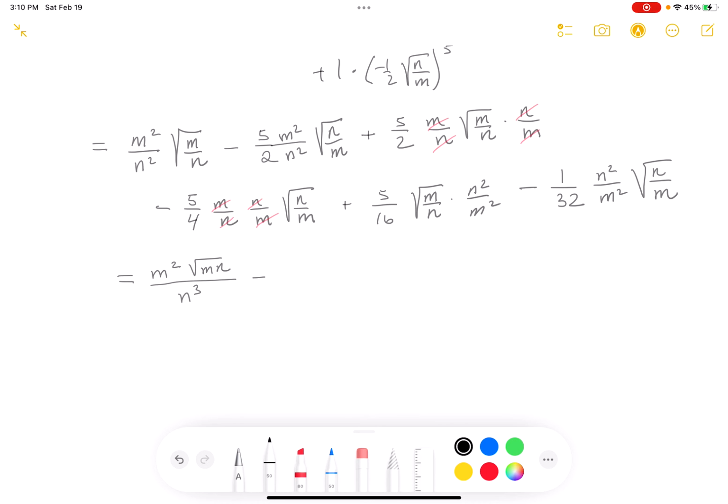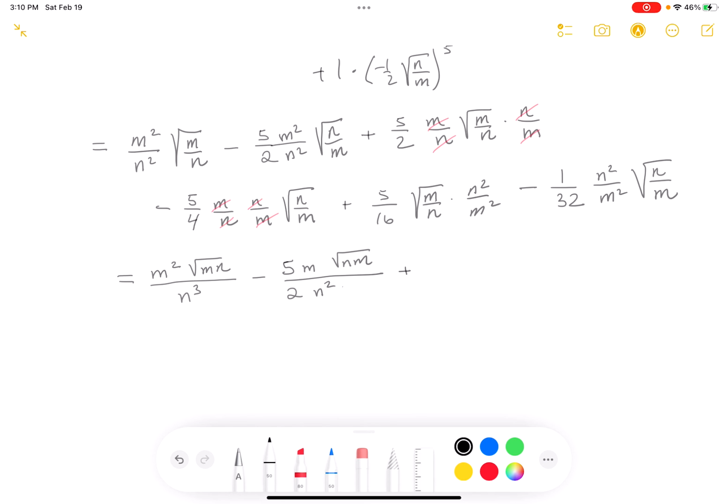It's going to be tricky though. There's a 5 m squared root nm, and then the bottom I would get 2 n squared m. And now what do I notice? I notice an m cancels. I'm going to erase this and one of these factors. All right? That's done. Let's go to the next term.